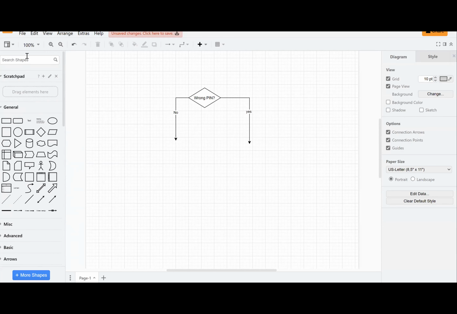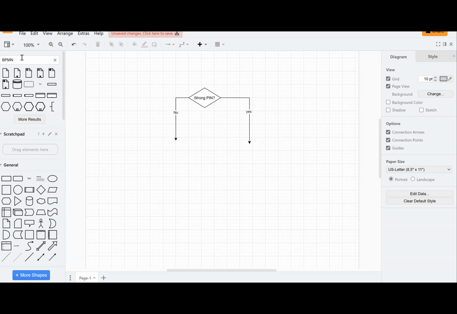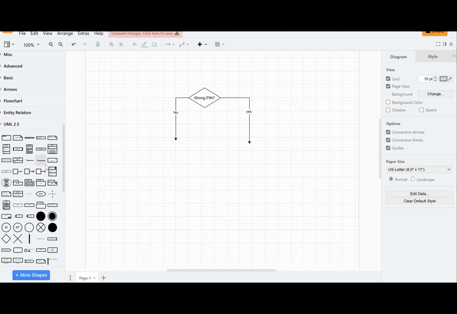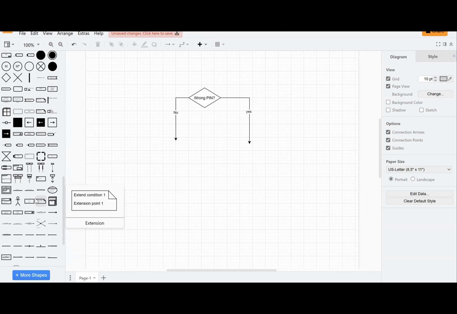I won't bother you with this tonight, but I just want you to know that as long as you can do one swim lane type or one process modeling type, you can do the others.